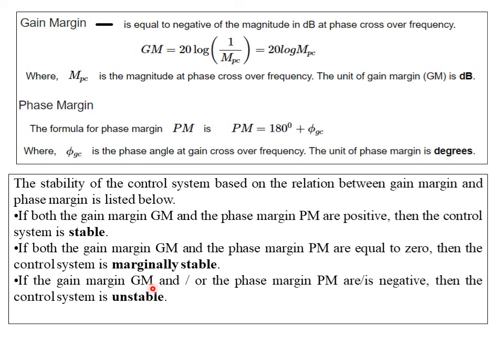If both the margins are negative, the system is unstable. So for the stability criteria using the Bode plot, we require four things: gain crossover frequency, phase crossover frequency, gain margin and phase margin.